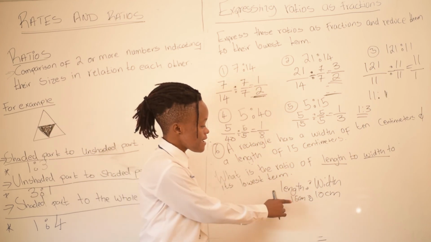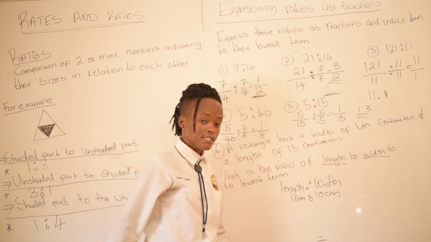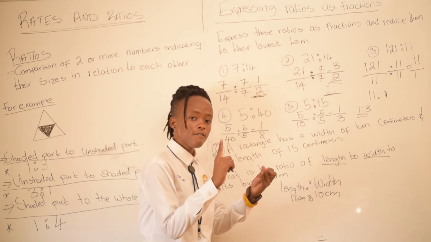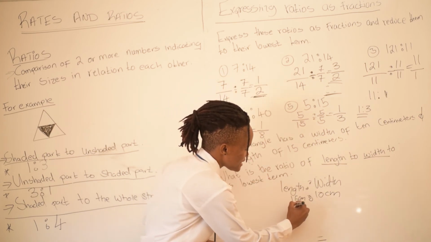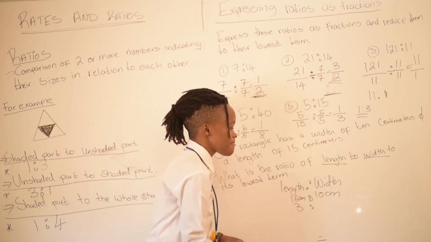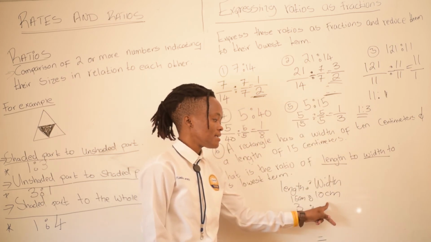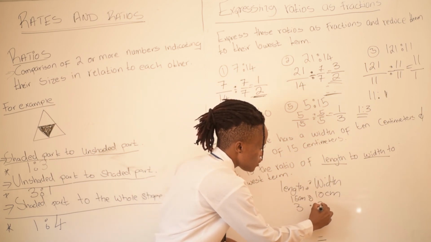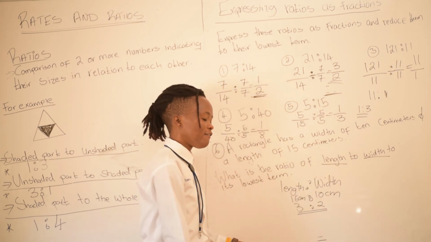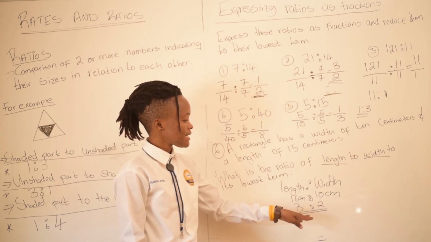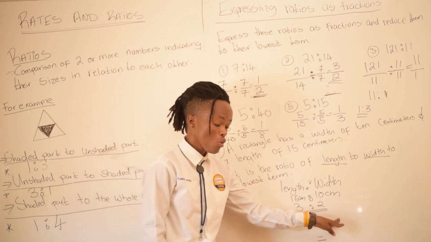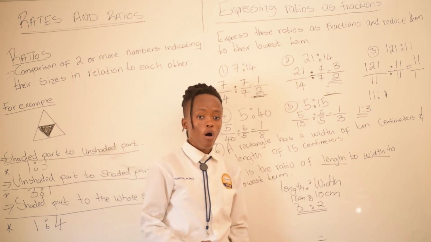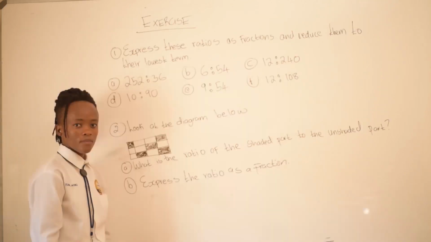So 5 into 15, it goes in 3 times. 5 into 10, 5, 10, it goes in 2 times. So our final answer becomes 3:2. So I hope we all understood ratios.